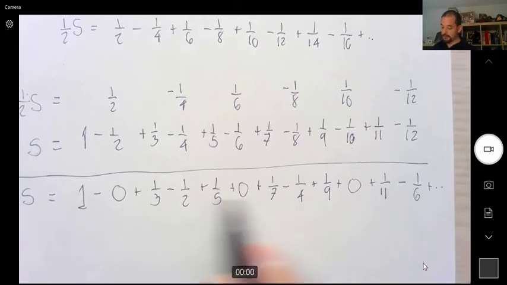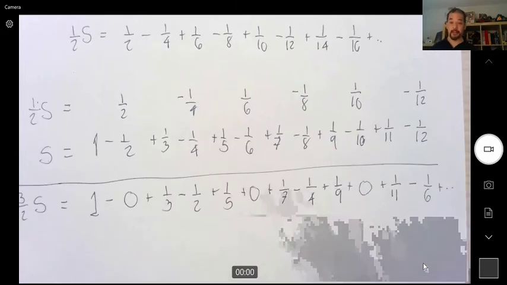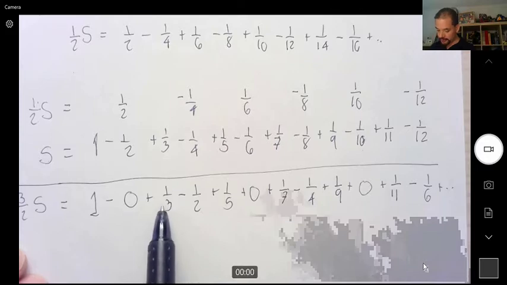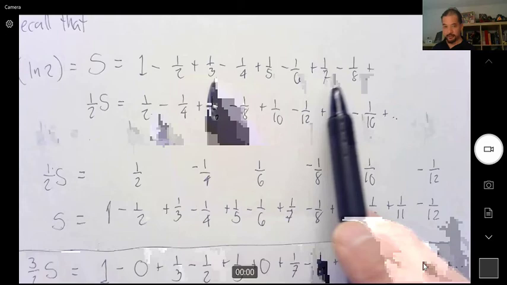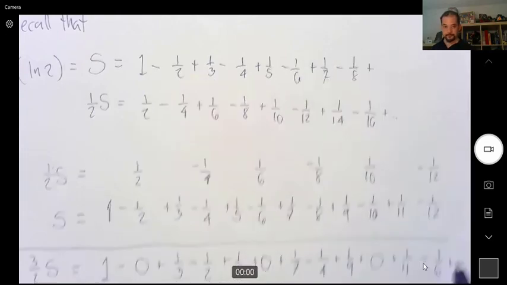So the terms here are exactly the same, with the same sign. 1/3 is positive in here, and it's also positive in the original one, right? And 1/7 is positive here and also here. So they have the same terms.